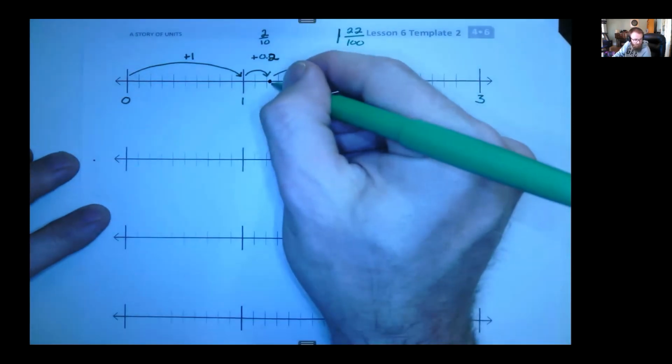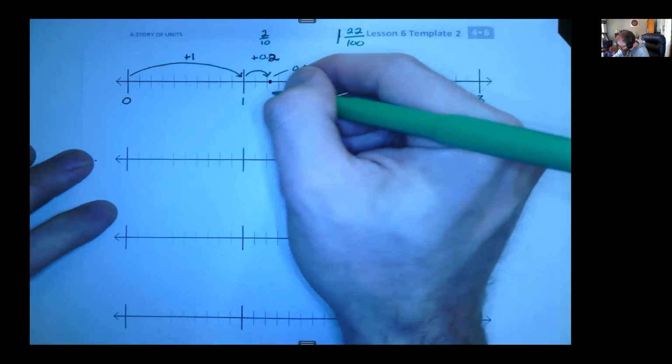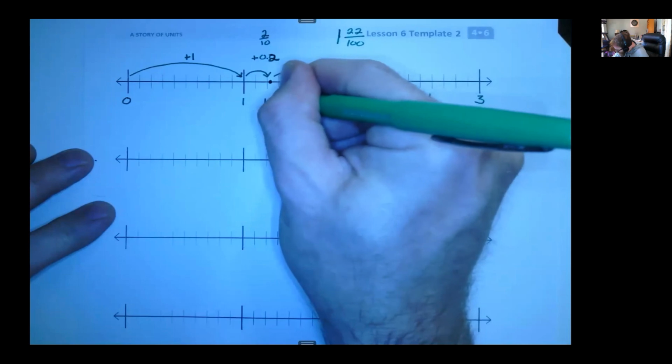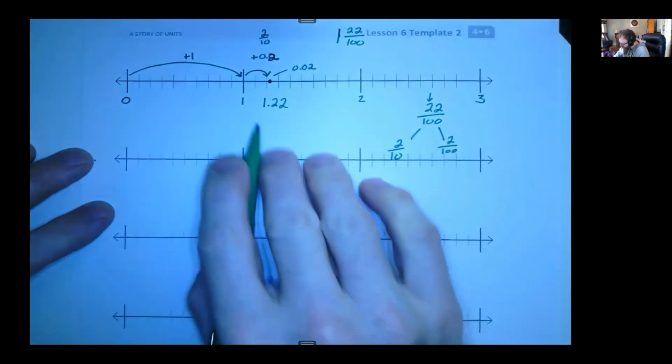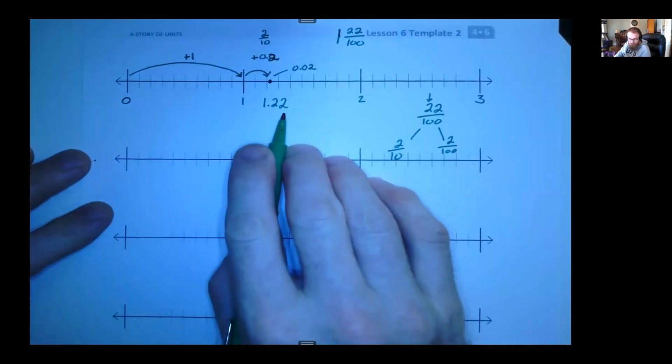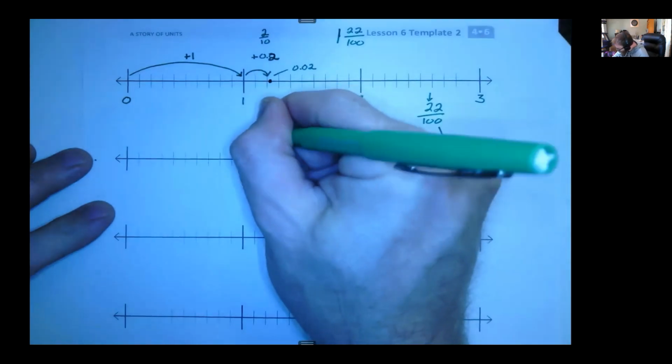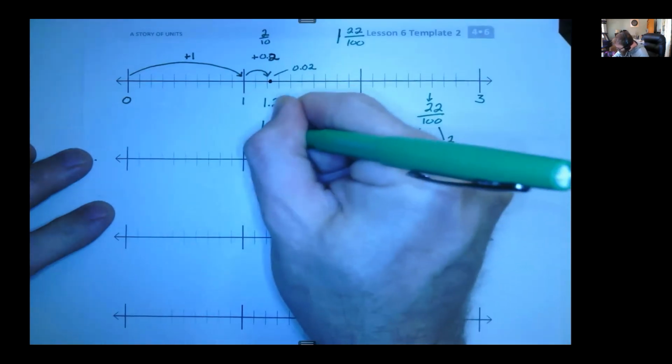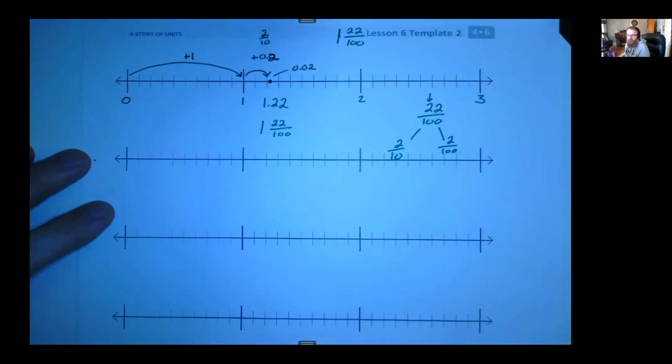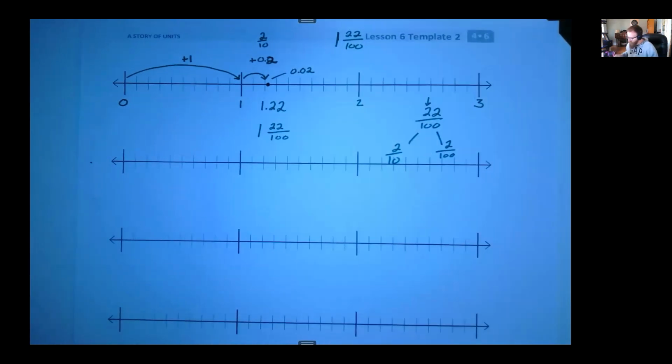So that point there represents 1 and 22 hundredths. 1.22 in decimal form, or 1 and 22 hundredths in fraction form.